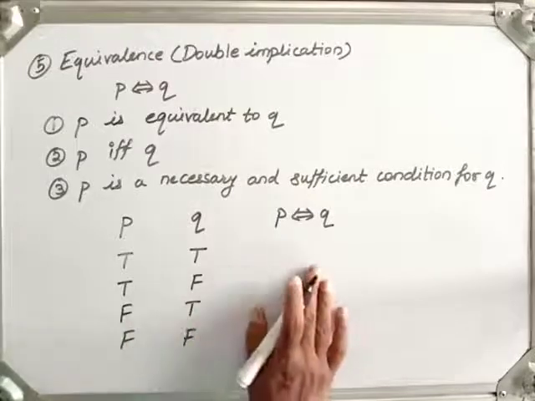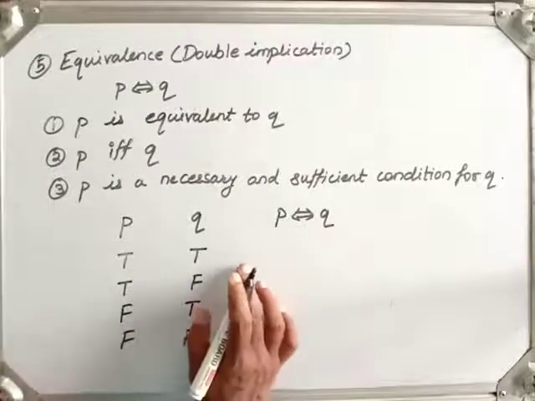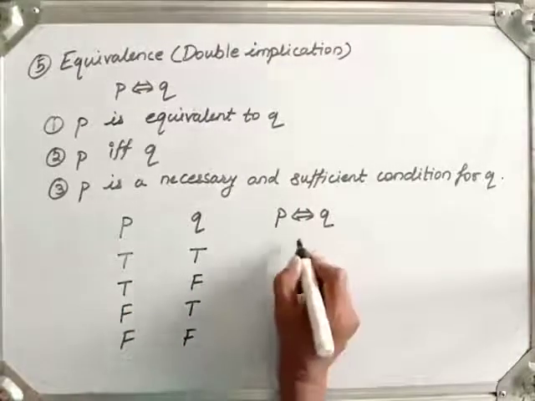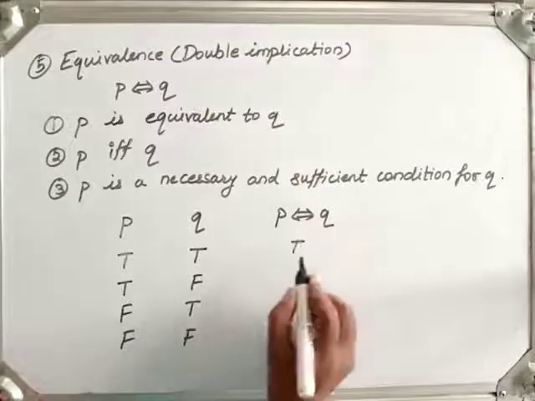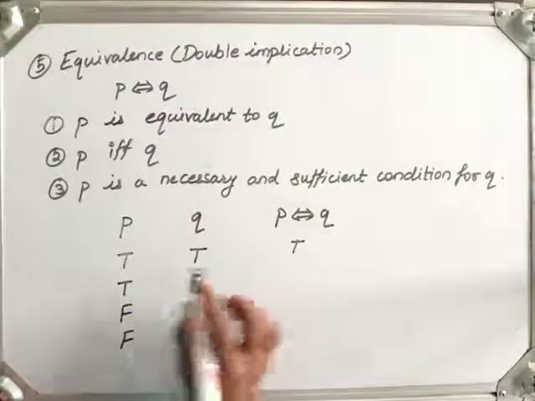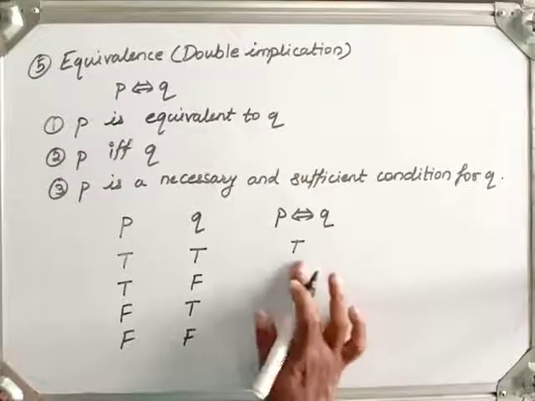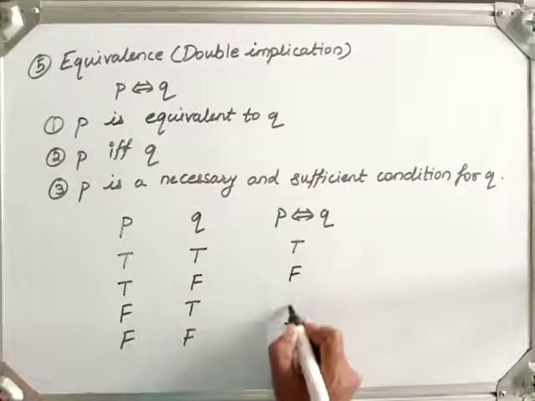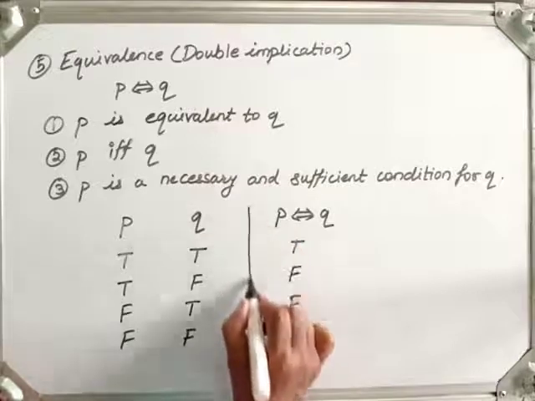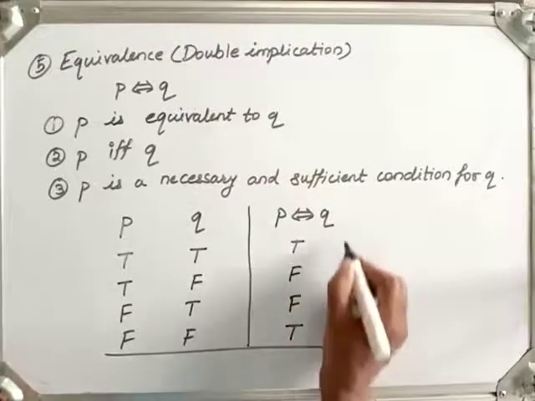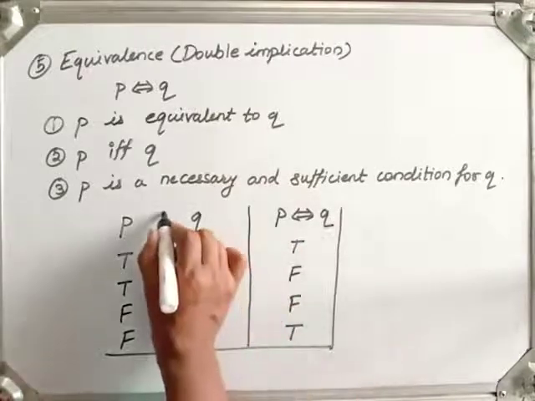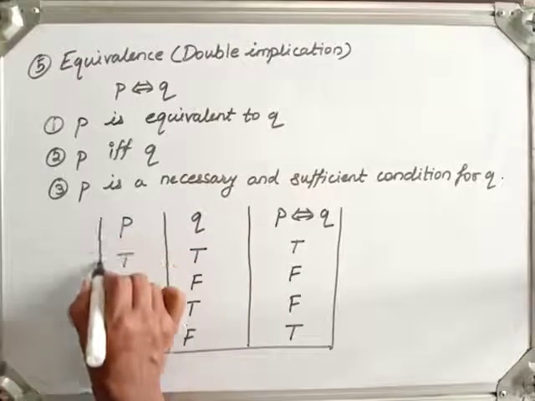Now this thing, P if and only if Q, is true only when both are either true or both are either false. Otherwise it is false. So it is true, and here also it is true. Otherwise it is false. So this is about the truth table of this double implication or the equivalence.